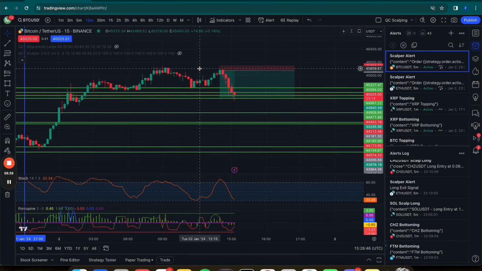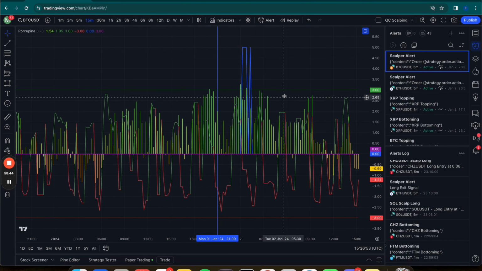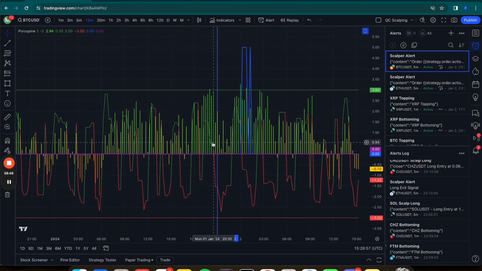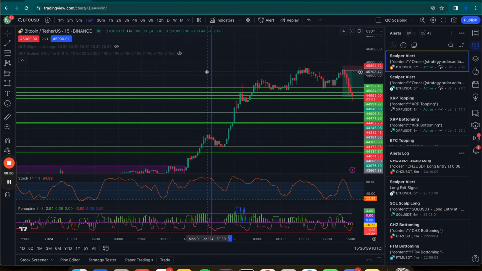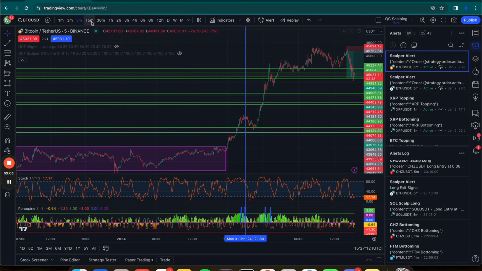And that's also why we started doing all the indicators, and exactly what Porcupine is doing. It's taking all the lower time frames and putting them into one indicator and one score, so it's easier for you to look at all the other time frames. For example, right here, the 5 minute has been topped out the entire time, not working, right?